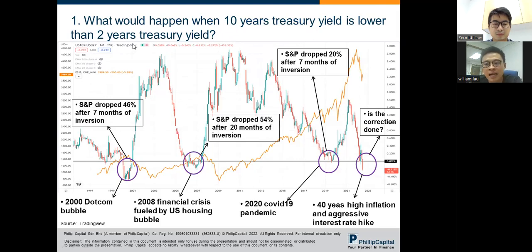Lower means that, as retailers, if we put our fixed deposit in the bank for a longer term and the interest we get is lower than if we put the money for a shorter term, for example, 1 year fixed deposit interest is lower than 1 month fixed deposit interest, is there something wrong in the financial market? Do you think there would be a big problem in the market?